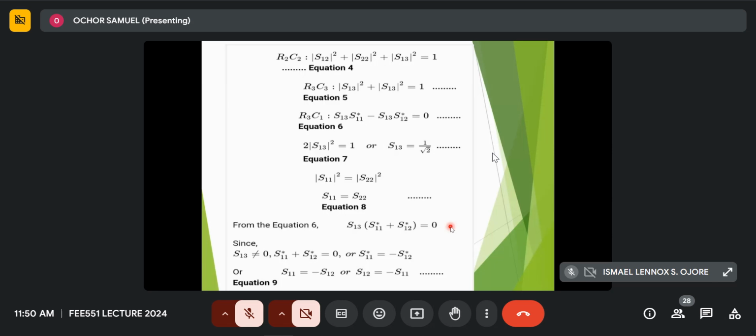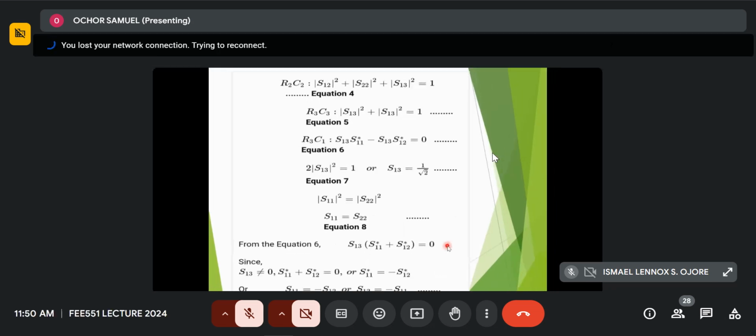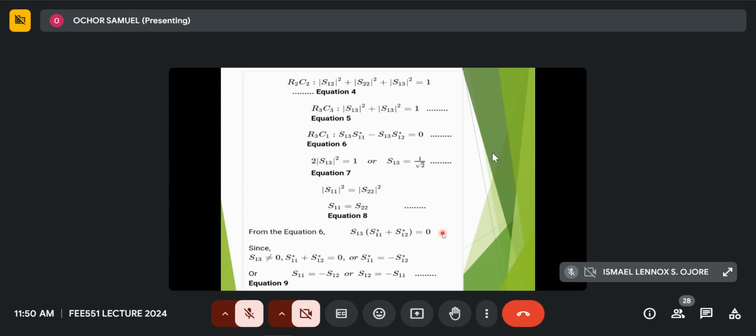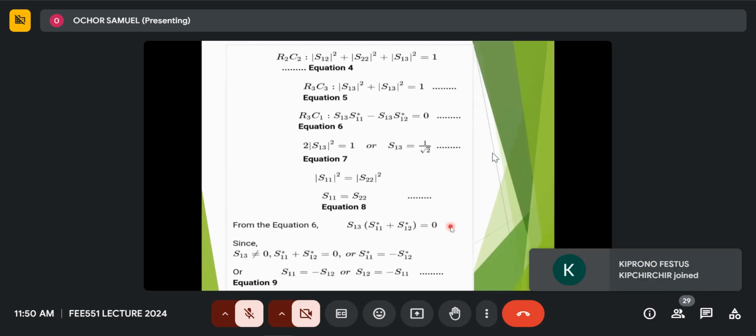Already we know S13 is not equal to 0. So we can write it as S11 equals negative S12, and remember it was also equal to S22. That's equation 9. Okay, we can continue.